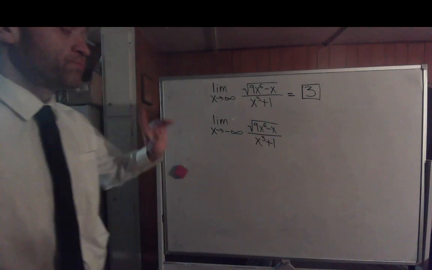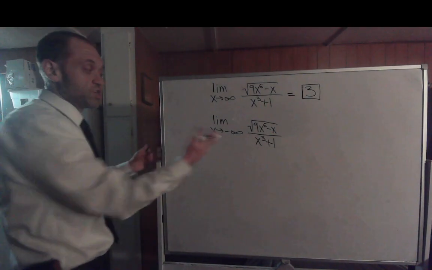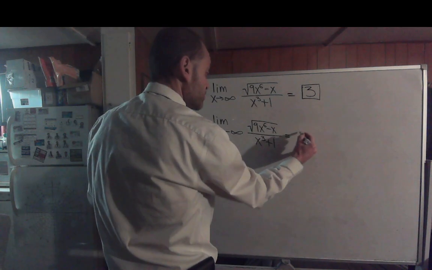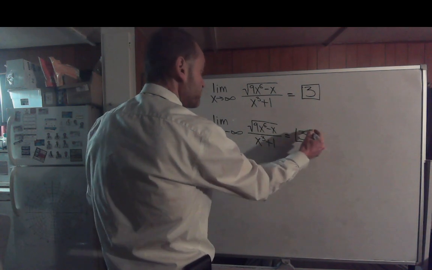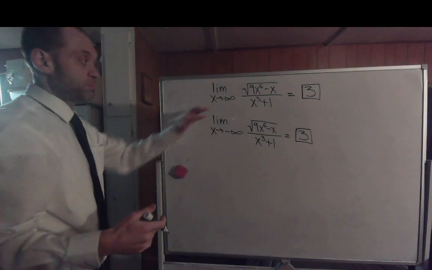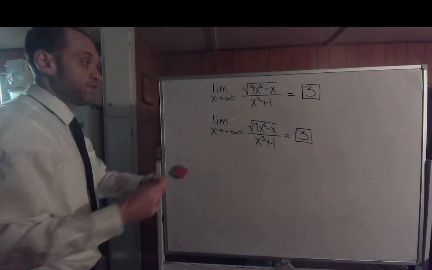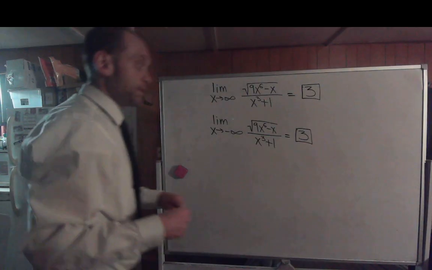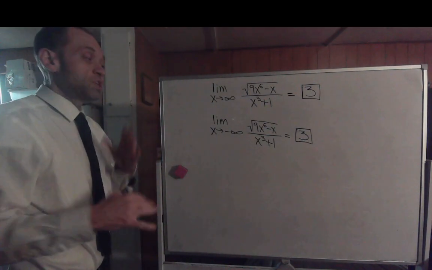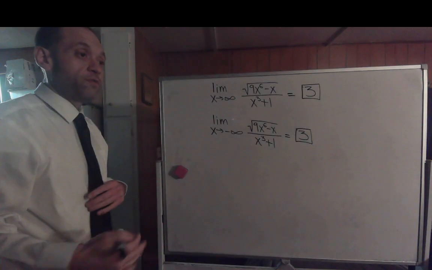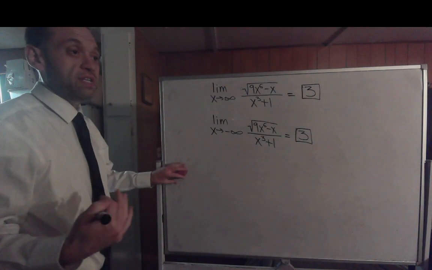So it's just going to be the ratio of the leading coefficients, which is also 3. So either way, towards positive infinity or negative infinity, you get a limit of 3. Alright, so I think that's good enough for the numerator equal to the denominator.